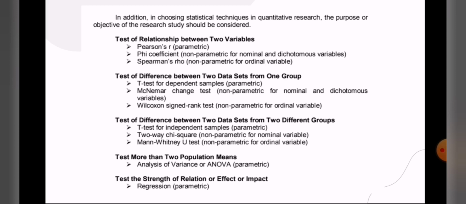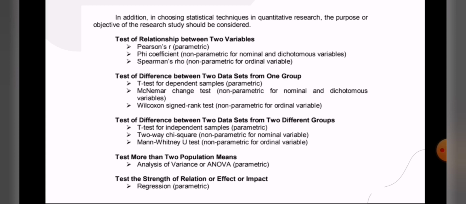Because from it, you would know what type of statistical method you will be using. For example, if your research is about testing the relationship between two variables, let's say the relationship of job satisfaction from leadership or leadership to job satisfaction, you have two variables, the independent and dependent variable.